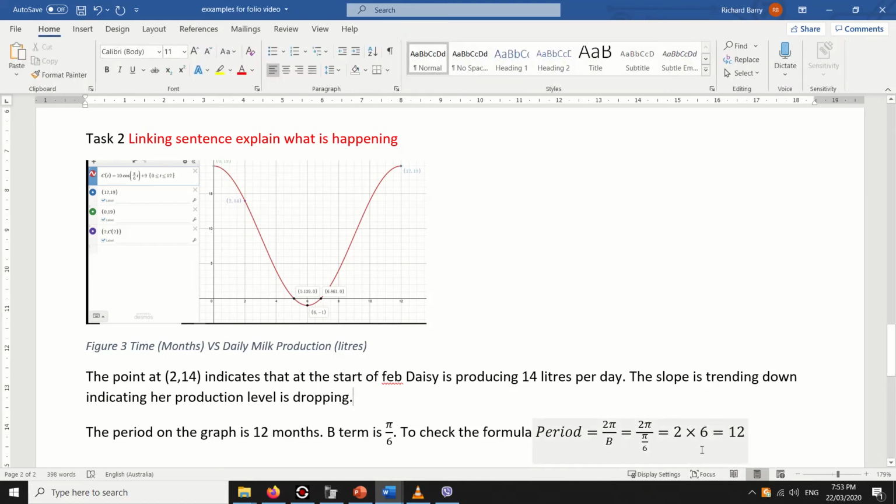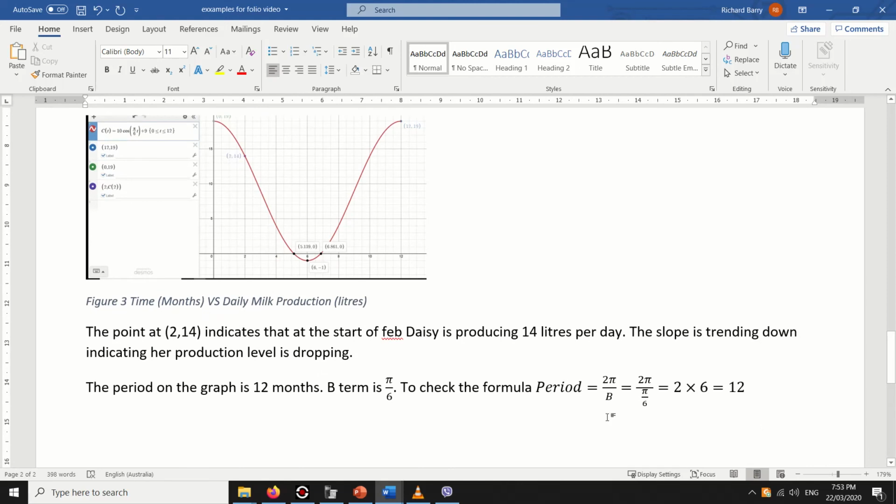Okay, so here we're just looking to bring in some of the mathematics that we might have used. Another piece of mathematics might have been that the D value subtract the A value is equal to the minimum, and the D value plus the A value is equal to the maximum, etc. Just looking for a few ways that we can bring in some mathematics.